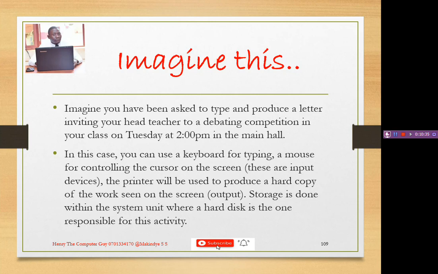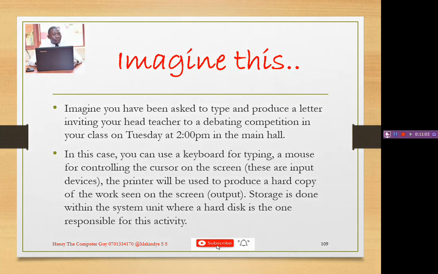So when you want to retain that information permanently, you need to store it or save it on the hard disk. A hard disk is non-volatile, whereas the RAM is volatile, meaning that the volatile loses data when power goes off. The non-volatile will retain the data even if power is switched off. Even if your computer is switched off, that information is going to be retained on the hard disk.